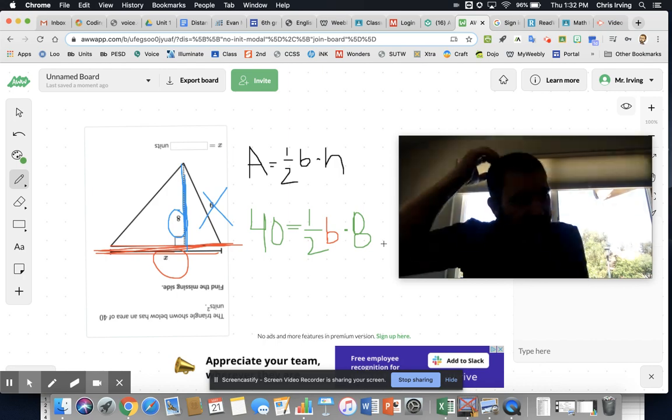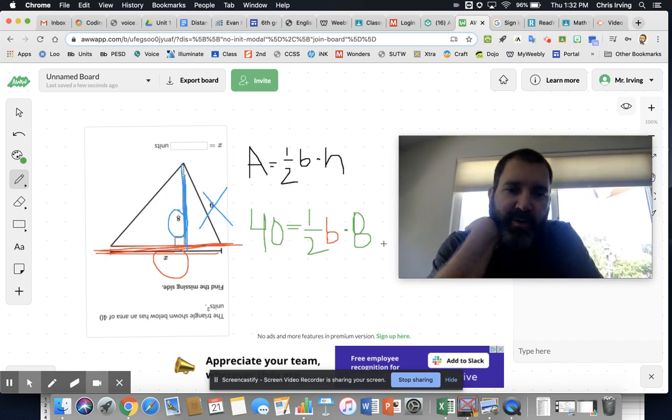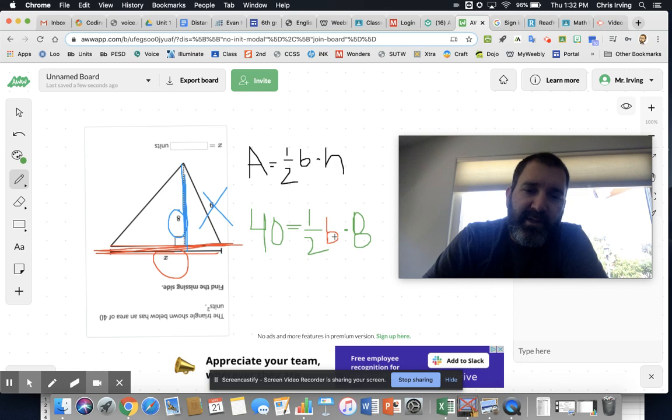Okay, so really all we need to do now is do what we've been doing for the past week and a half, and that's isolating the variable. I need to get this B alone all by itself, and the first step to do that is to divide this whole side of the equation by 8, and divide this whole side of the equation by 8.